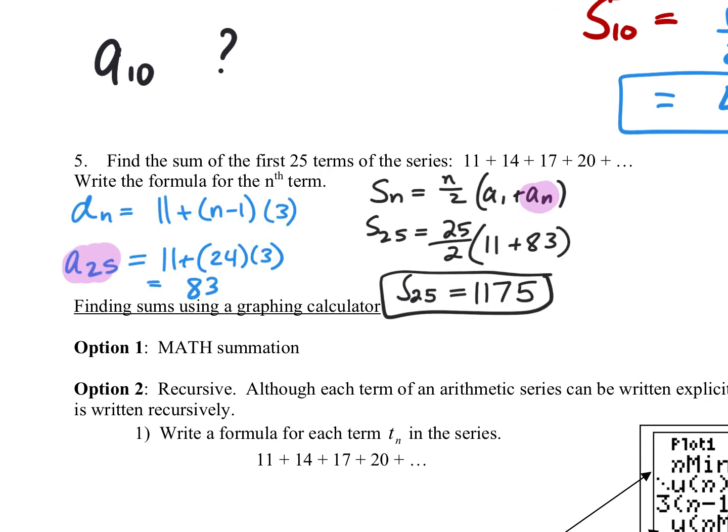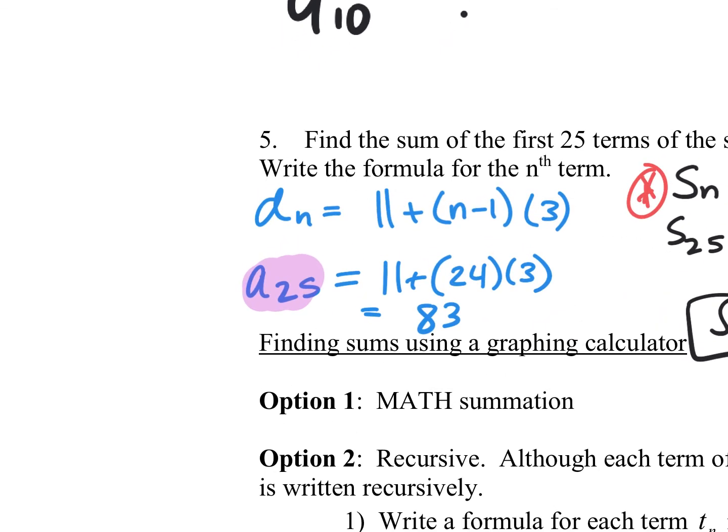All right, so let's see how it went. In this problem, I knew that I had to find the sum of the first 25 terms in a series. So I'm using that formula, n over 2 times a1 plus an. I know that I have 25 terms, and I'm going to divide that by 2. But I don't know the 25th term in the series, so I had to figure that out first.